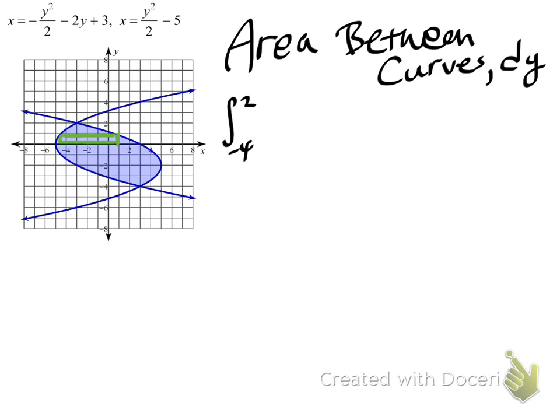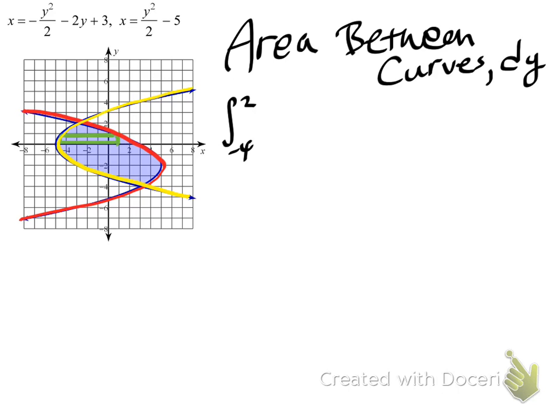So let me try to illustrate that the best I can with some color. Here I have this parabola in red, and I have a secondary parabola here in yellow. A couple ways to figure out which one's which. The fact that one of them has a leading coefficient that's negative is a clue, but if you're not sure about that, you can also use the intercept.